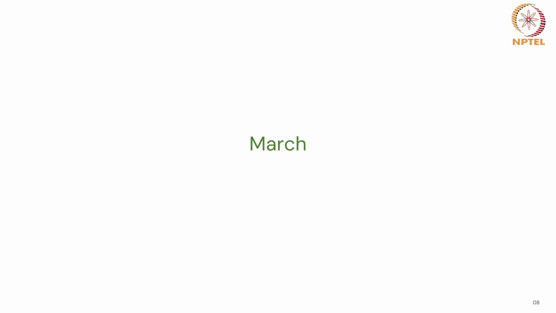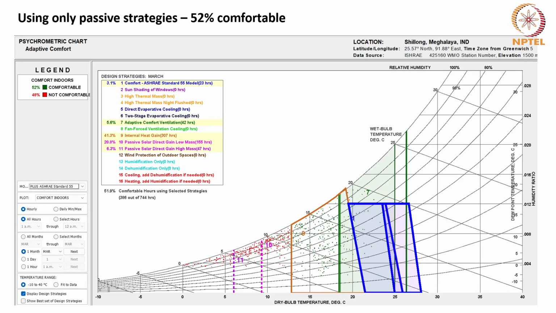What happens during the month of March? So during the month of March, in a cold place like Shillong, representative of cold climate, what strategies must be adopted?